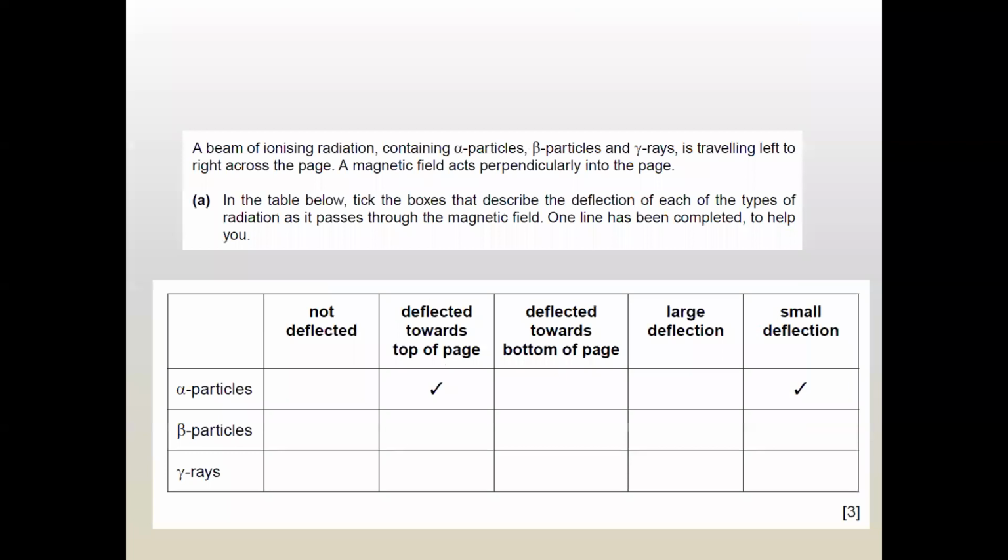In the question, a beam of ionizing radiation containing alpha, beta, and gamma is traveling from left to right, and the magnetic field is acting into the page.